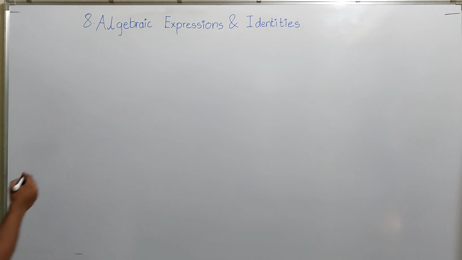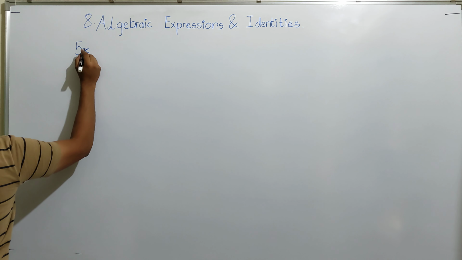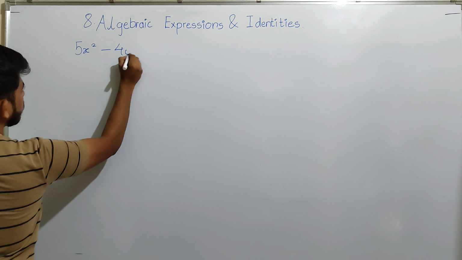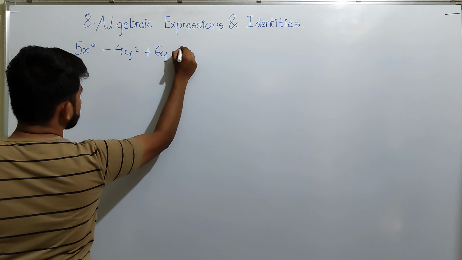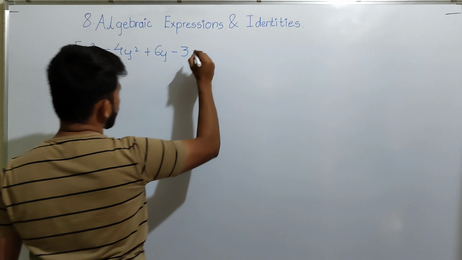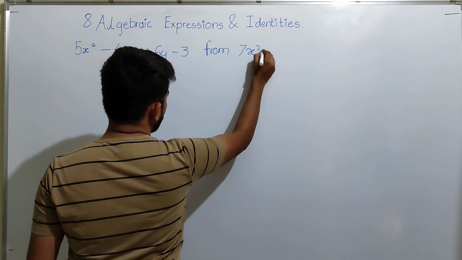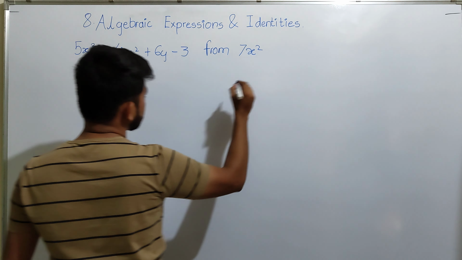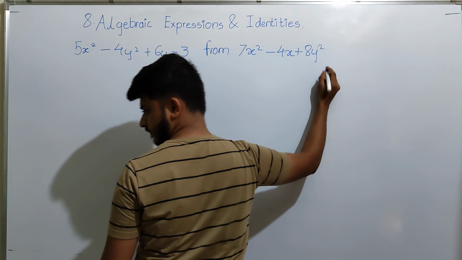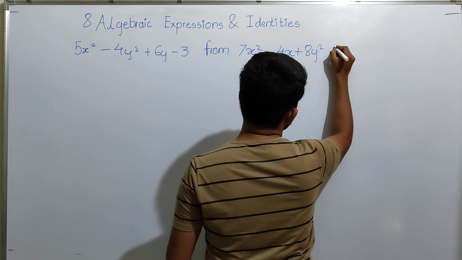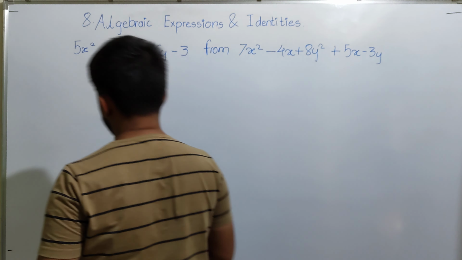Subtract 5x square minus 4y square plus 6y minus 3 from 7x square minus 4x plus 8y square plus 5x minus 3y, right?